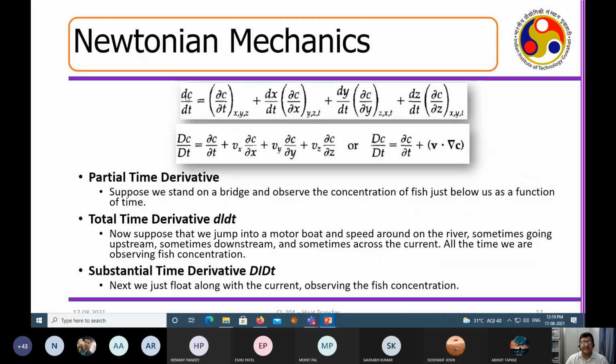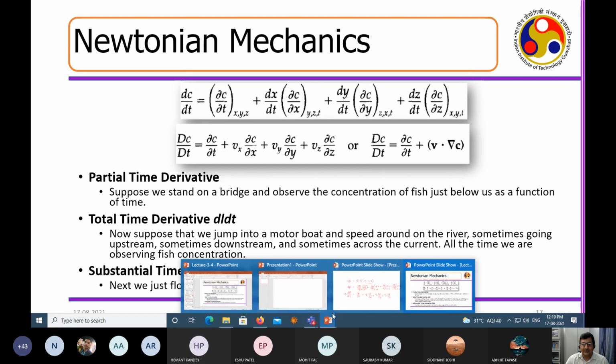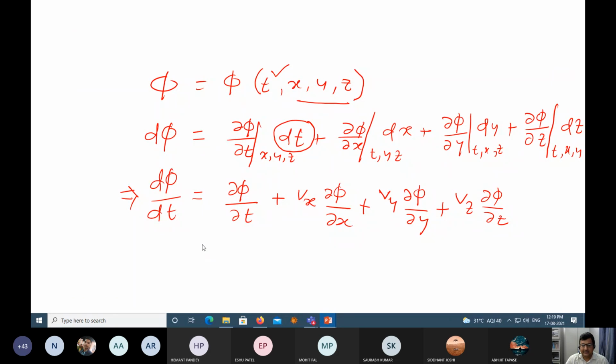And exactly this is what you see here. Say suppose this is written in terms of C. So dc by dt is nothing but this, which can be written. This is what I derived just now. C is a scalar phi, and this dc by dt can be written as del phi by del t plus this one. This v is a vector, right?